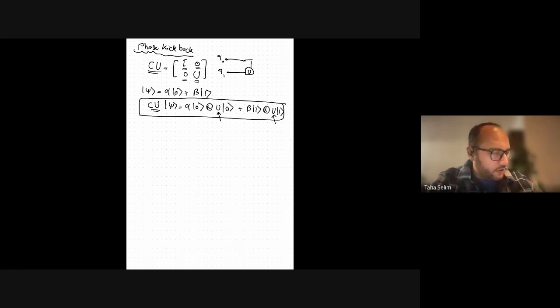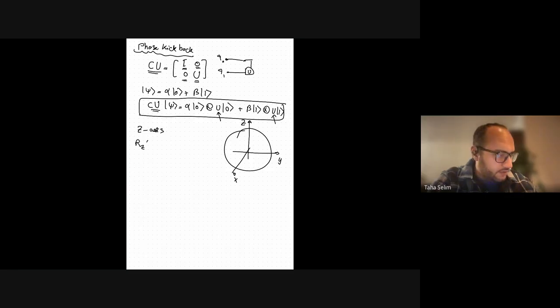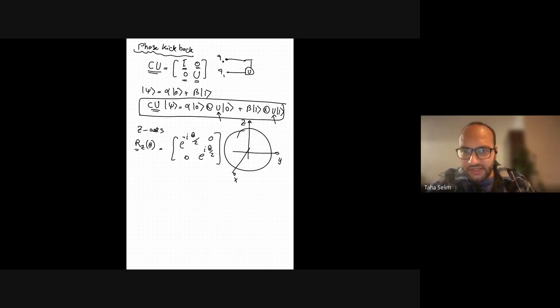So if you have a Bloch sphere, then the rotation around the z-axis can be given by rotational matrix Rz of theta, which is e to power minus i theta divided by 2, e to power i theta divided by 2, and then I have 2 zeros. This is a matrix that I can use to rotate a vector around the z-axis.